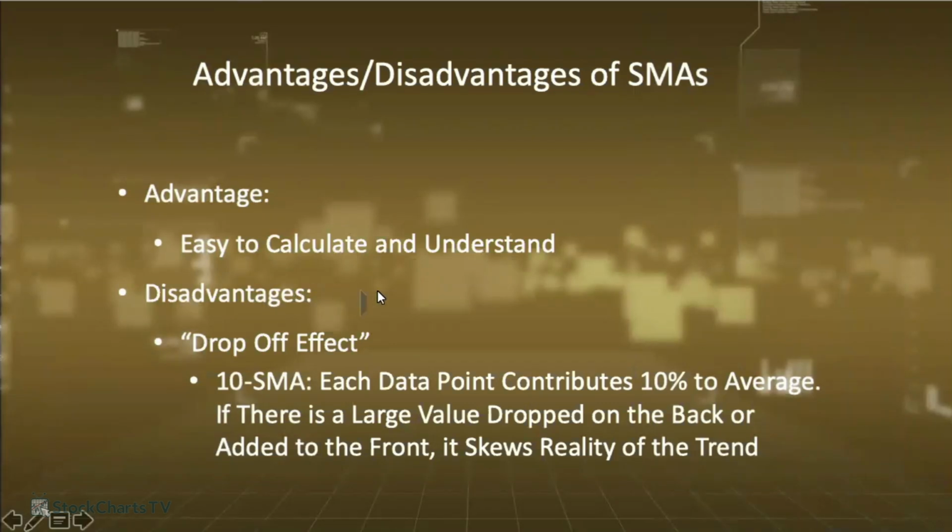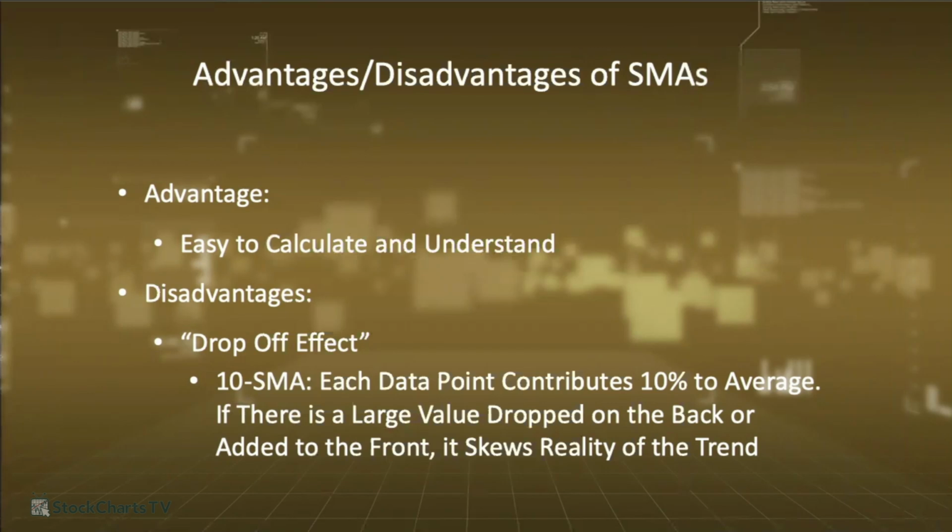The disadvantage of simple moving averages is they have this thing called the drop-off effect. This is kind of an extreme example, but imagine you have 10 data points, 10 price points, and then you divide by 10, obviously, to get your average. Well, then each data point equally contributes 10% to the average.